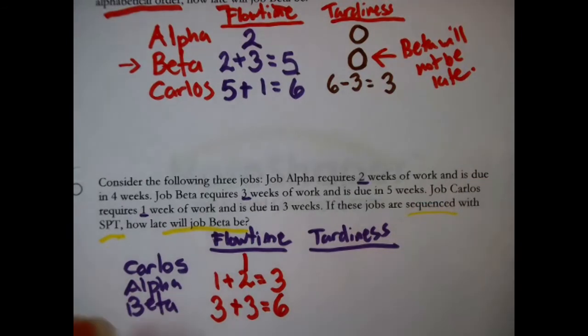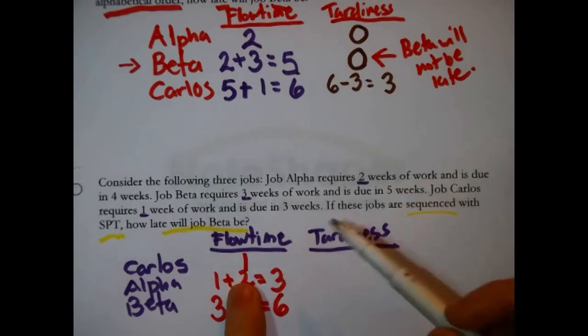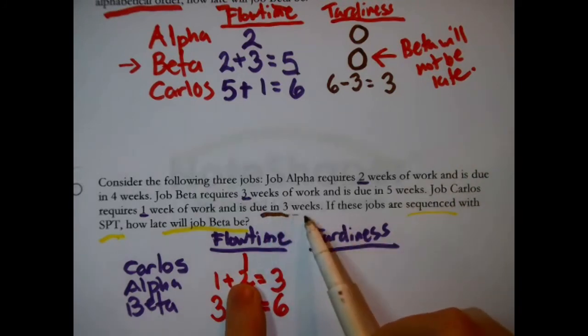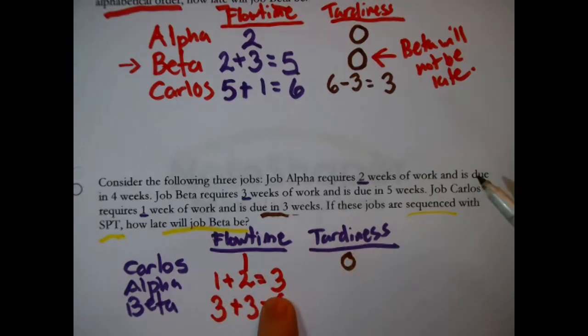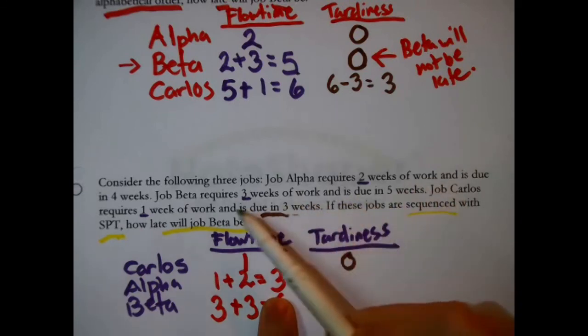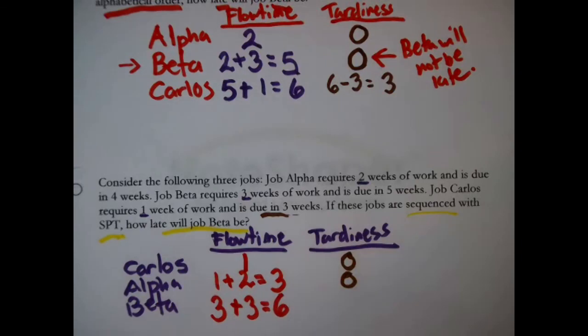So I'm just curious, is Carlos, for instance, going to be late? Well, Carlos will be finished in 1 week. Now you check the due dates. It's due in 3, it will be finished in 1. Nope, not tardy. Alpha will be finished in 3, but what did we promise? Alpha is due in 4. Alpha is not going to be tardy. Beta, and that's actually what we were after, will be finished in 6 weeks.